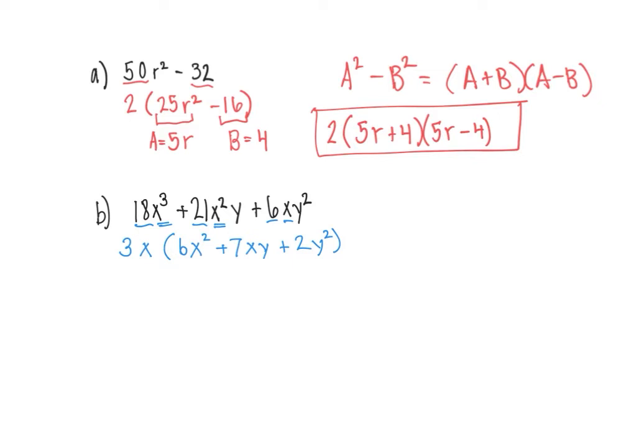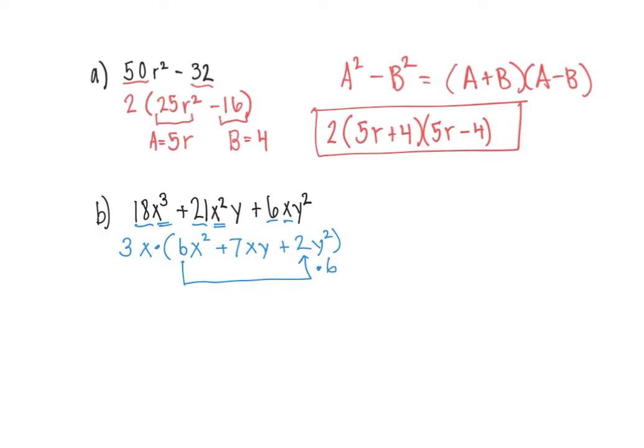Now, I have this 3x factored out, but the polynomial that I'm trying to factor now has 1, 2, 3 terms. Since there are 3 terms, I'm going to factor using the basic trinomial factoring. How I do this, and you might have a different way and that's fine, is I'm going to take this 6 and multiply it by the 2.